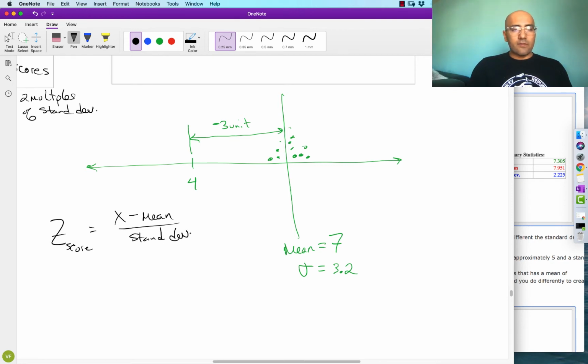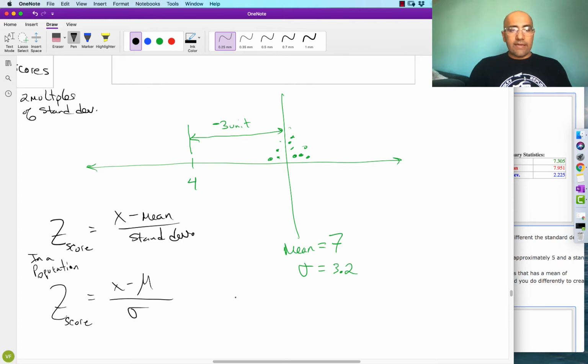So if we're talking about populations, in a population, the z-score is equal to x minus mu, because it's a population, divided by sigma.